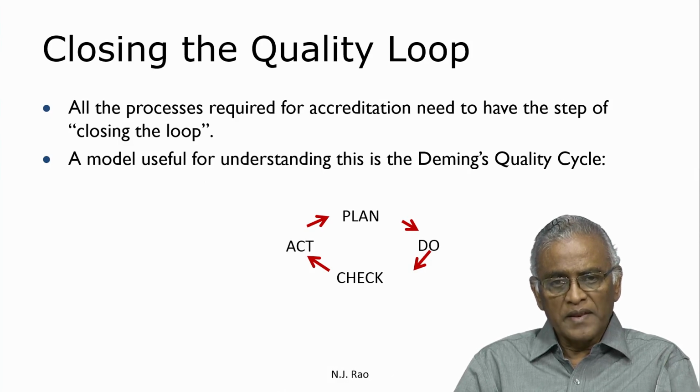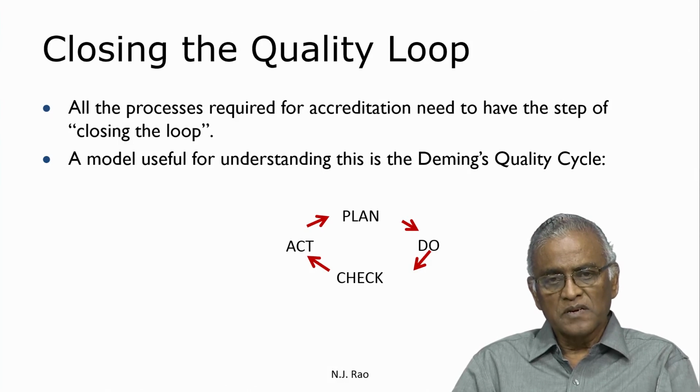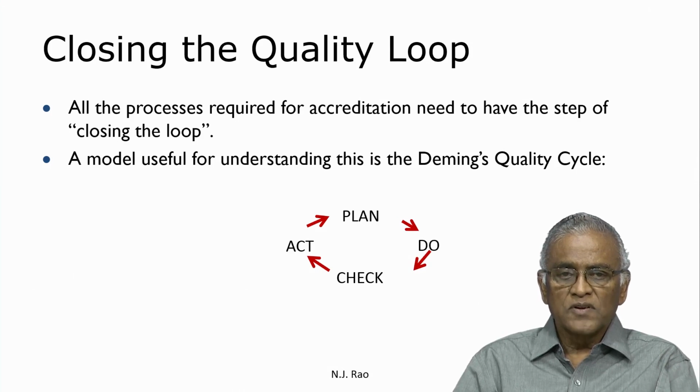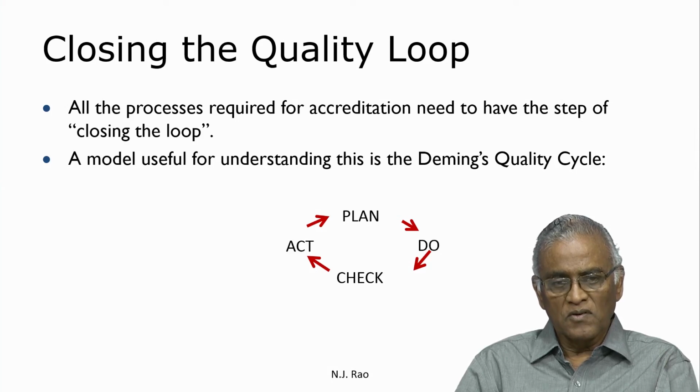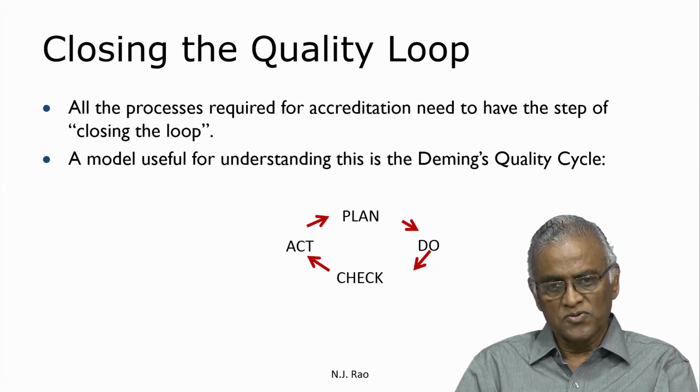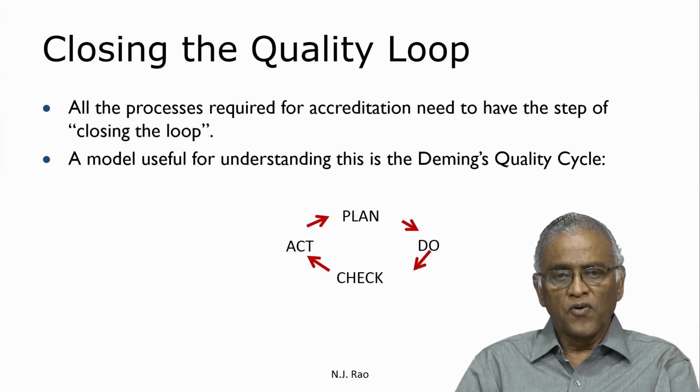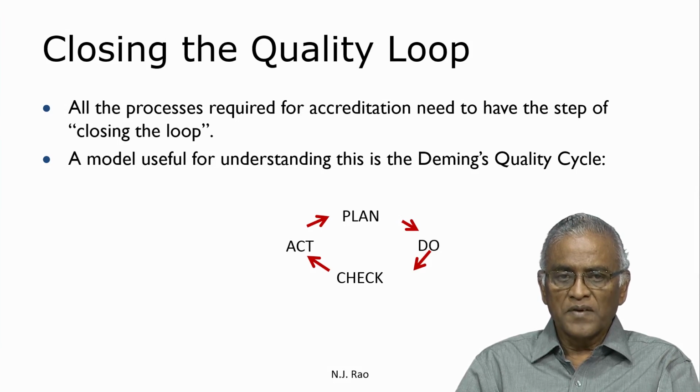What it says is, you have to plan for something and you actually have to perform and measure whether you have performed or not, to what extent you have performed. You check how far you have performed with respect to the target set, and if there is a deviation from the target, then you have to act for that.